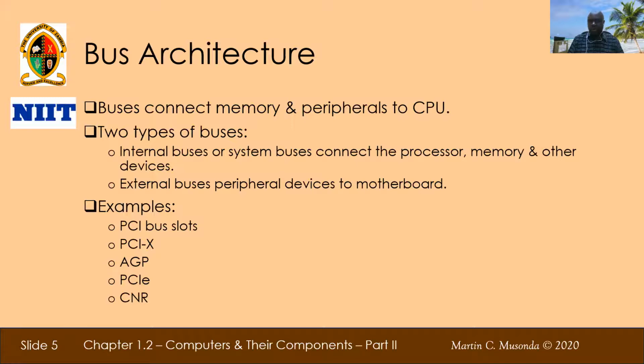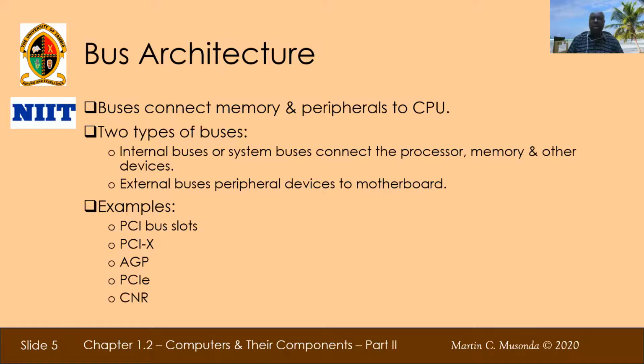It consists of printed electronic circuits which have been printed on the surface of some kind of a board. Those are meant to allow the different components to connect with the central processing unit. Now, these are the ones which I refer to as buses. So a bus is a communication channel between the CPU and other parts of the computer system.